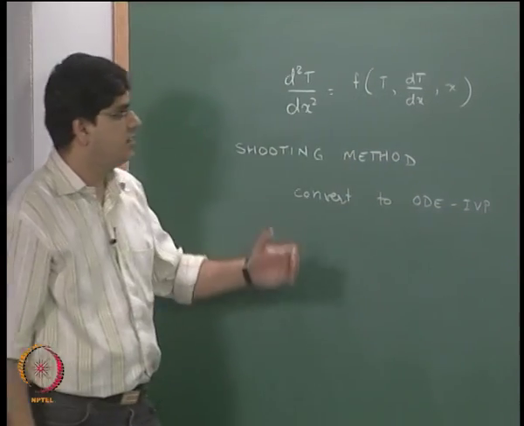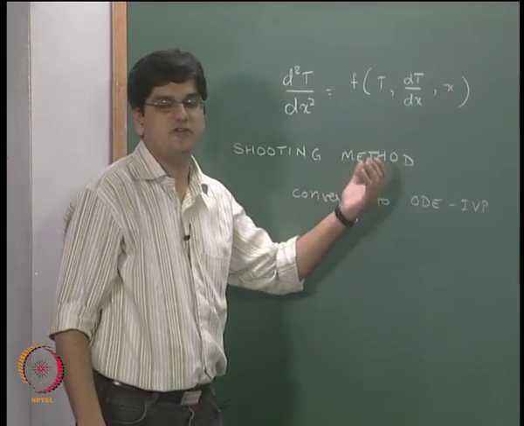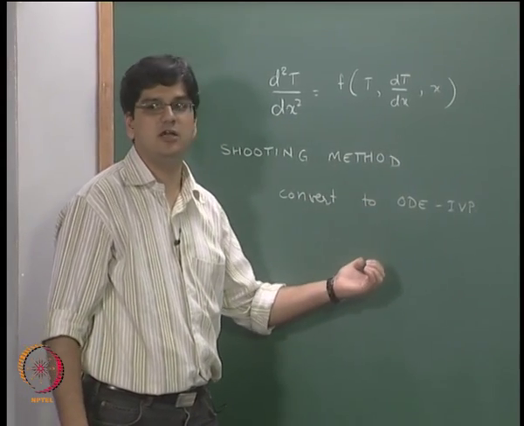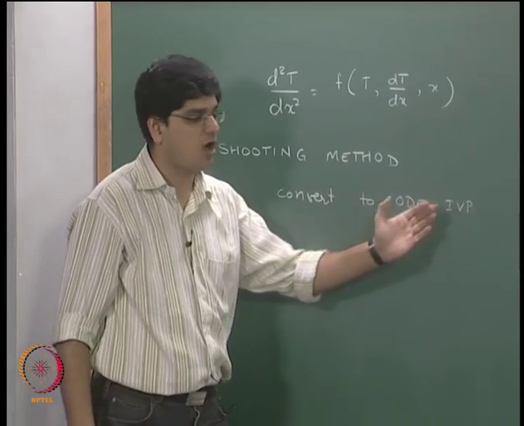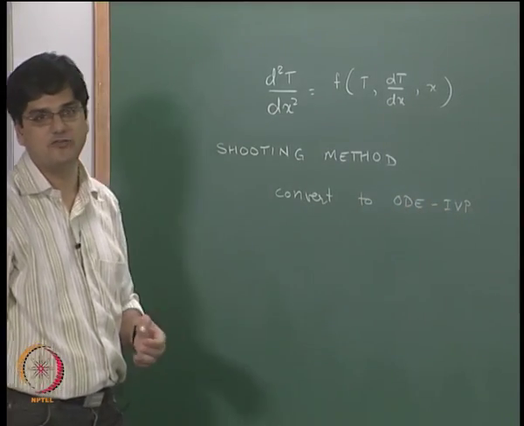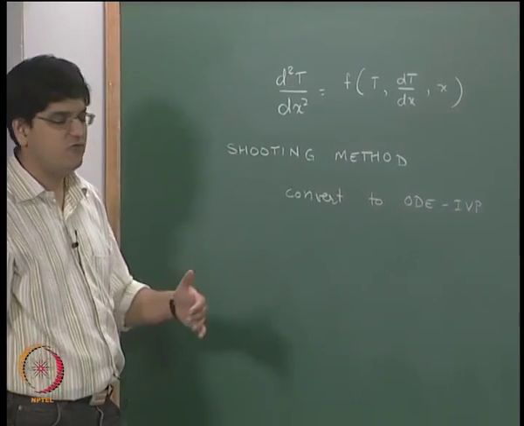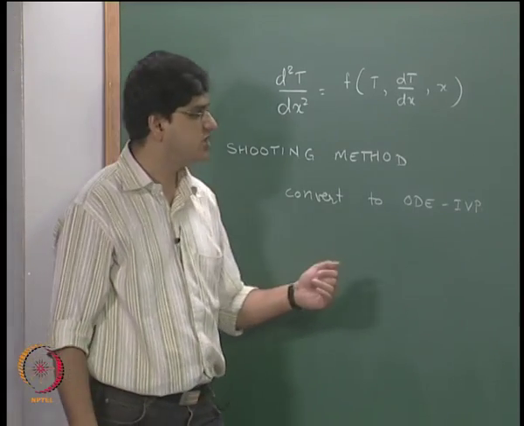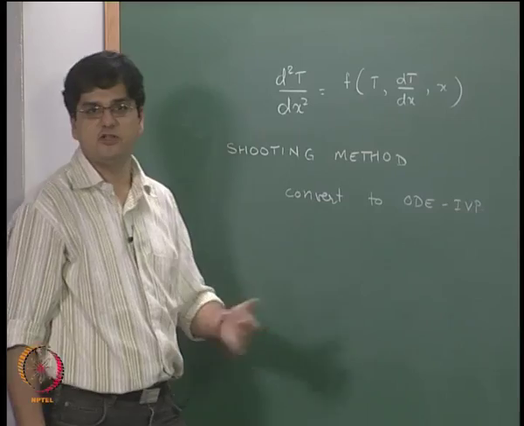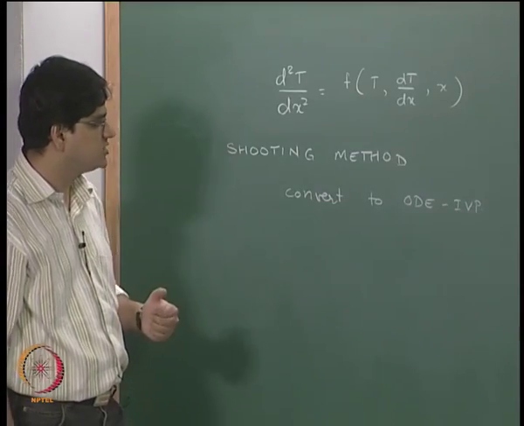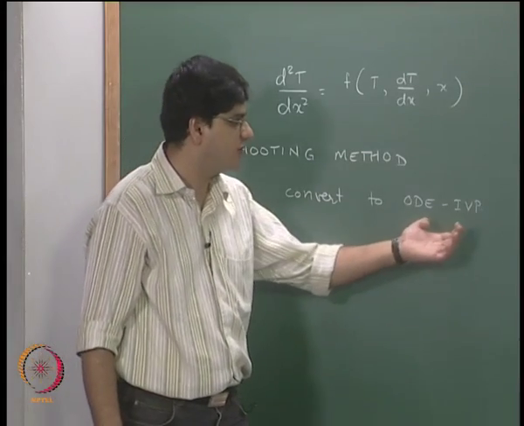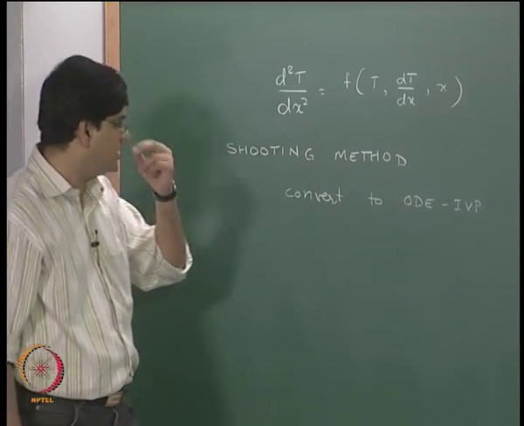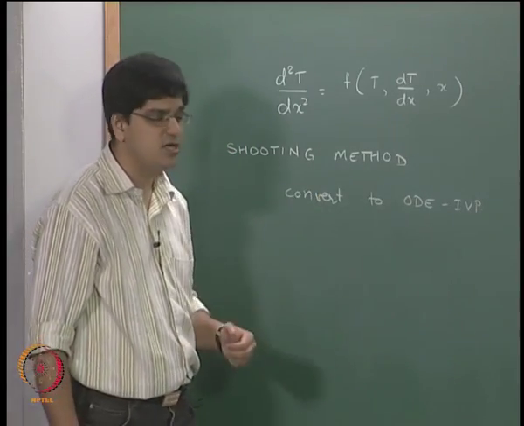In that case we guessed a value for the initial value, and based on that guess we tried to see how close we get to the actual boundary value in this problem. If we are far away from the boundary value, we use either a bisection rule or a Regula-Falsi method or Newton's method in order to change our initial value such that the boundary values are met. That is the strategy that we followed in the shooting method.